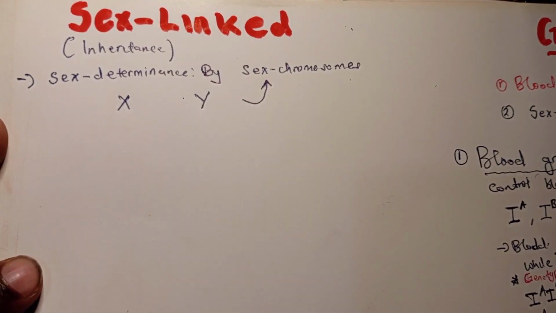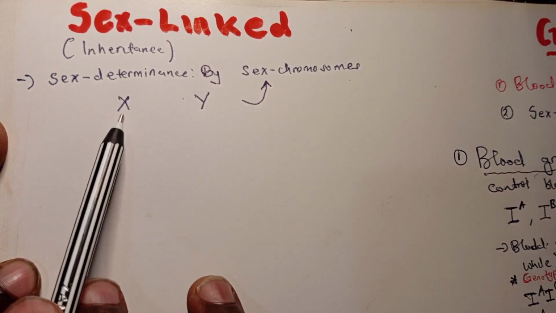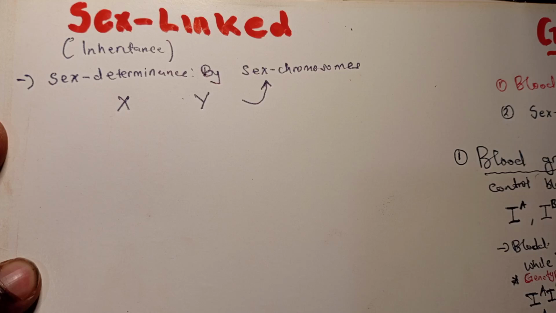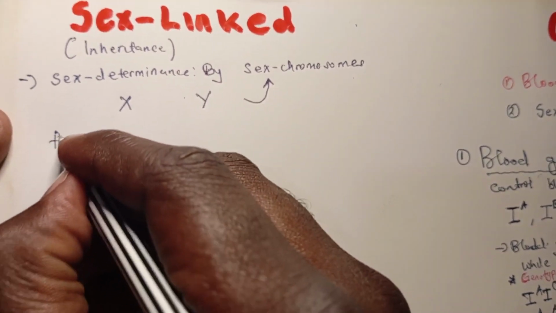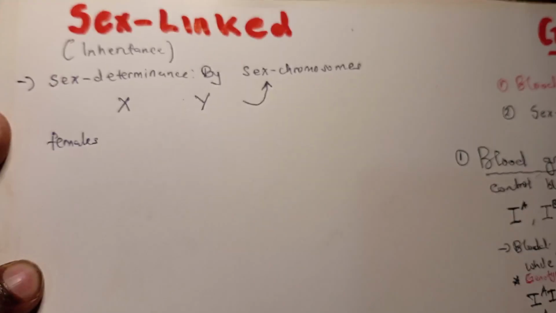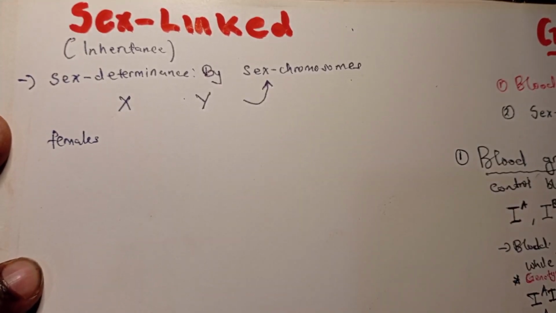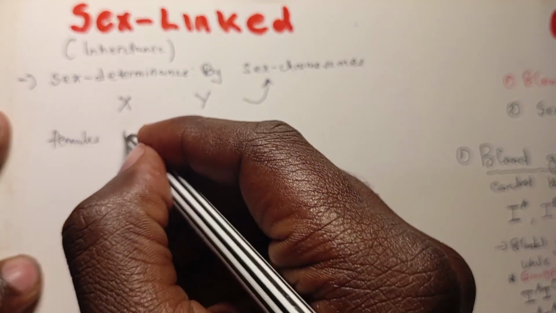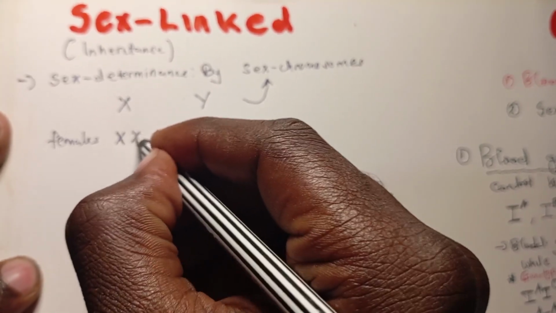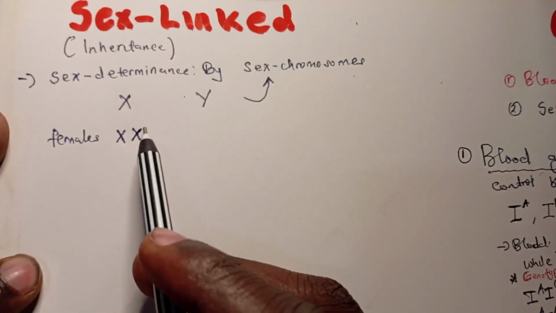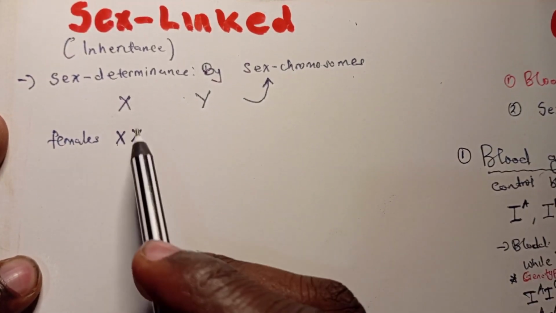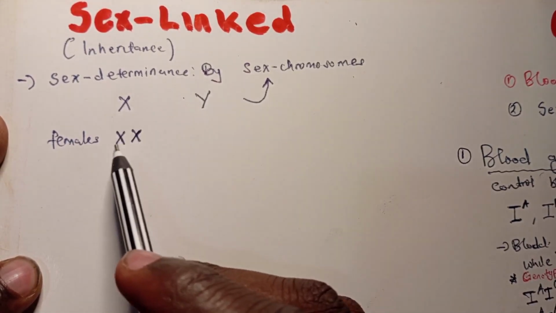The 23rd pair is what determines sex. All normal females, and I'm saying normal because there are many disorders that can come up, but that's beyond the scope of this video, have X and X. If you inherit the X chromosome from your mother and the X chromosome from your father, you are going to be female.